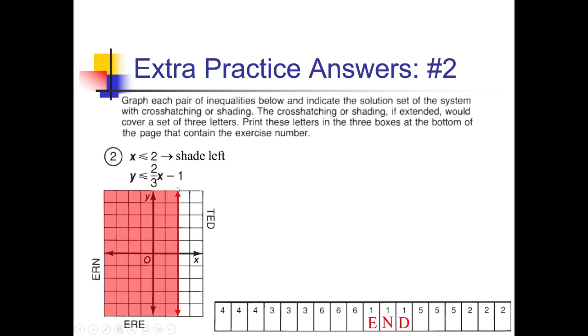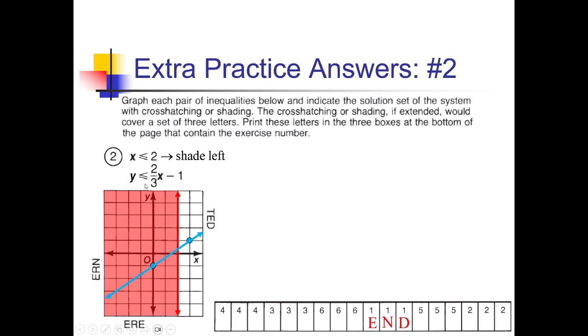Now for the next one, y less than or equal to 2/3 x minus 1, this is just more of a traditional y equals mx plus b. We still have the equals, so we're still using solid dots and solid lines. Y-intercept of -1 right there. And then slope is 2/3, so that means we're going up 2, right 3. Another dot there, solid line through those.